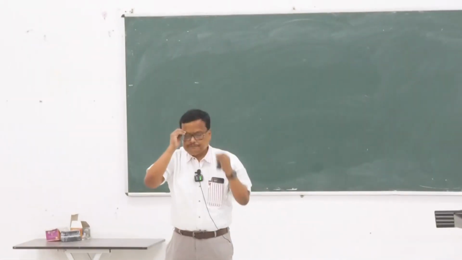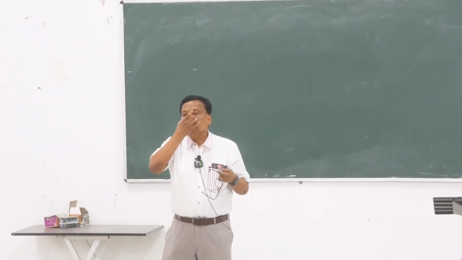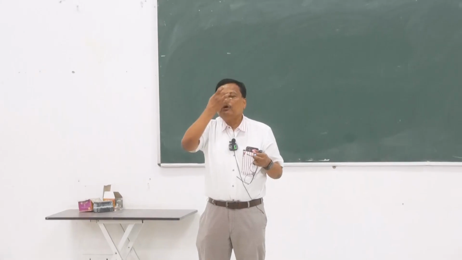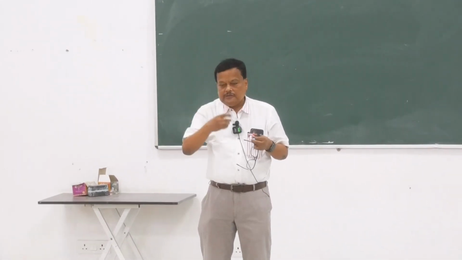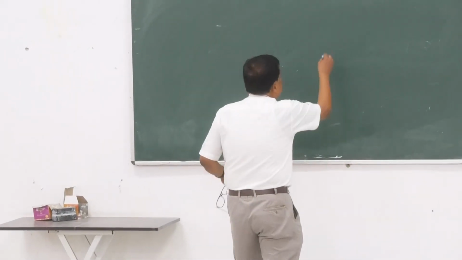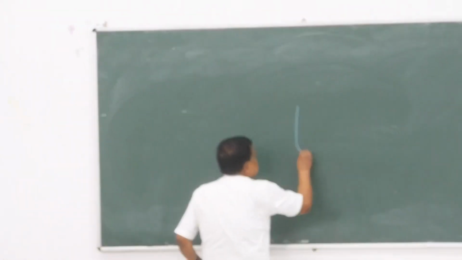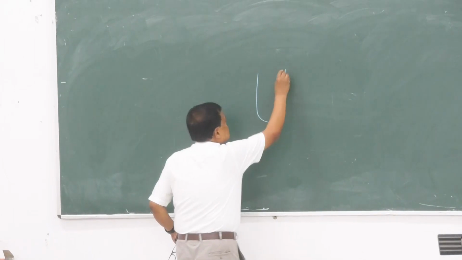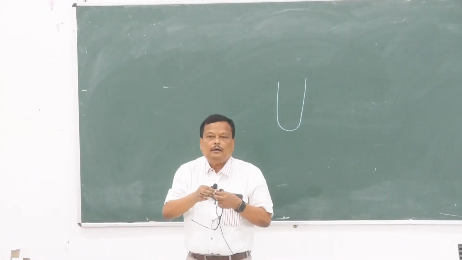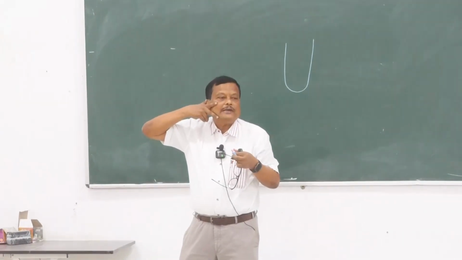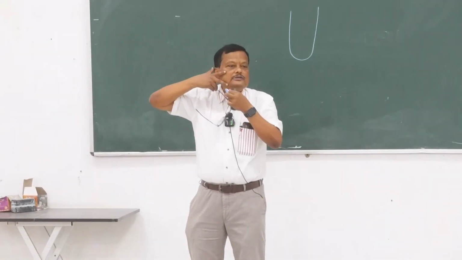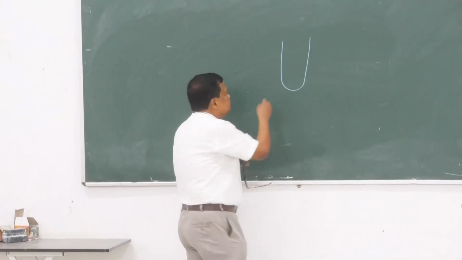One here, we call it the frontonasal process, a process coming in this vertical direction. And two here: one upper process called maxillary, and the lower is the mandibular process.